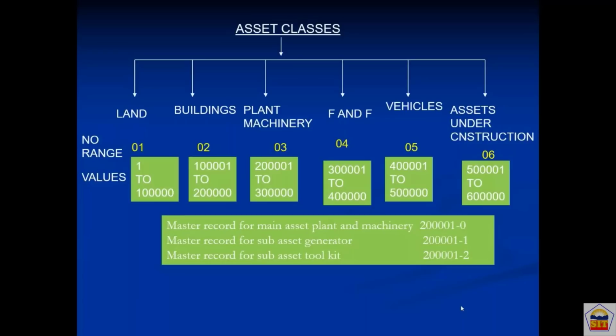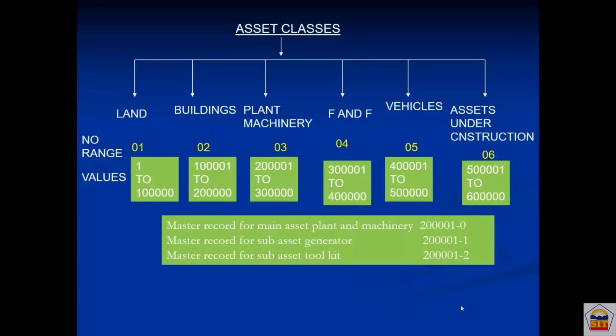We have assigned number range 03, and the asset interval starts from 200,000 to 300,000. So if I try to create the first asset master record under the asset class plant and machinery, the system is going to give me the asset number 200,001.